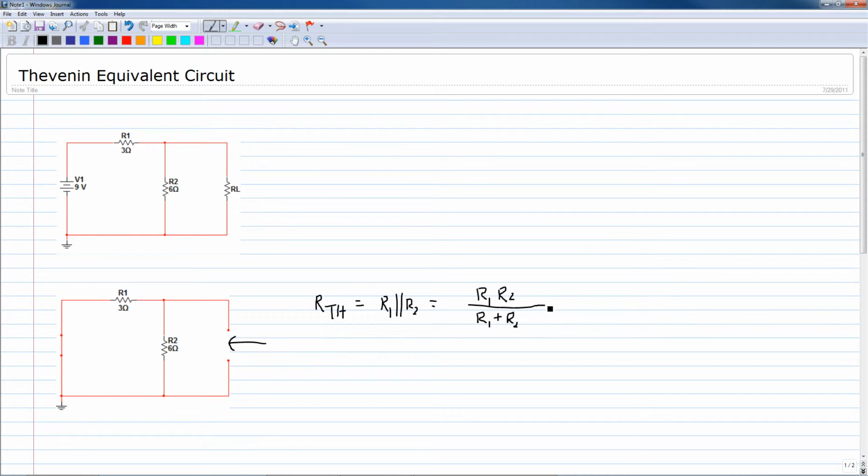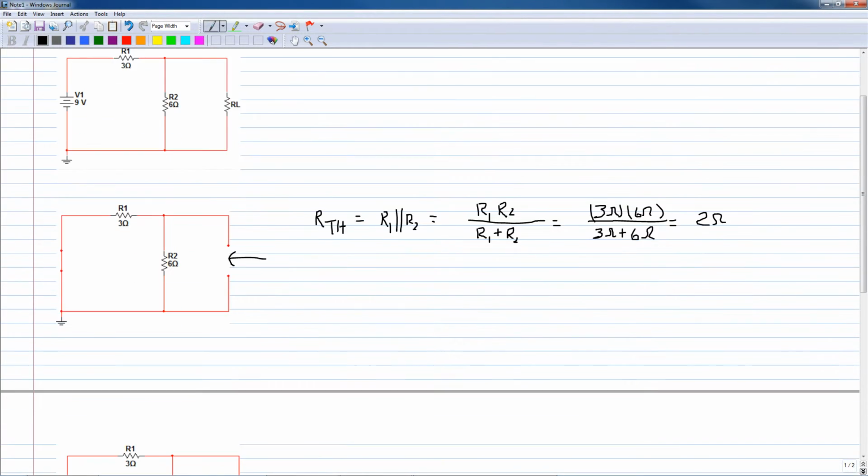Substituting in the values that we have, this is equal to 3 ohms times 6 ohms divided by 3 ohms plus 6 ohms. This yields 2 ohms. So our Thevenin's equivalent resistance is 2 ohms.